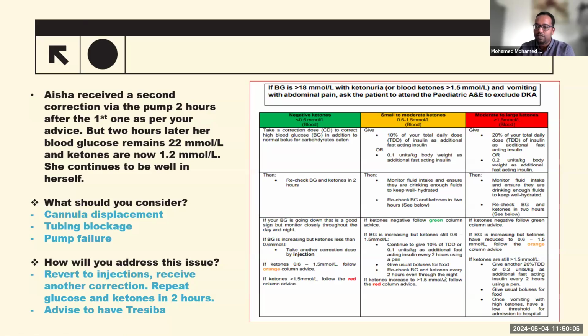So make sure that she's covered with long-acting insulin. And every patient, as per the RCPCH guidelines, who has a pump should have both short-acting and long-acting insulin that should be checked regularly for expiry date and should be with them wherever they go, because you never know when the pump is not going to work.